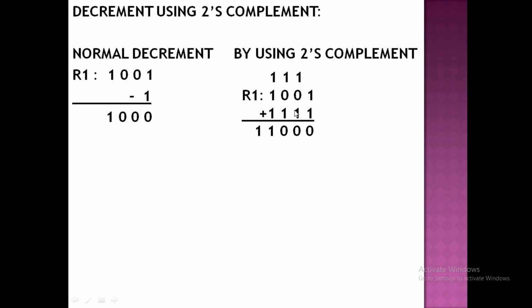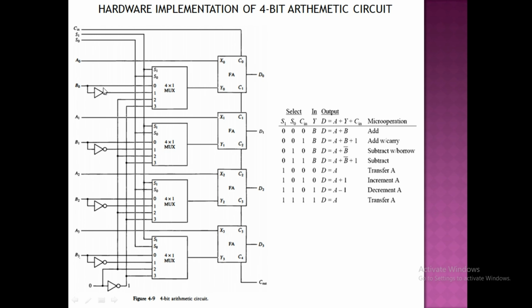When we add it, it performs the decrement operation, giving 11000. So here we neglect the extra bit which came as an output when we perform 2's complement, so the output is 1000. So this is equal to the normal decrement operation.